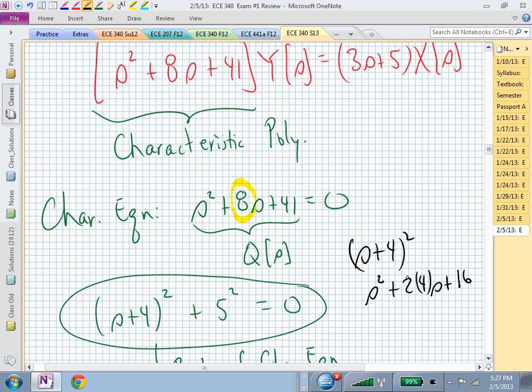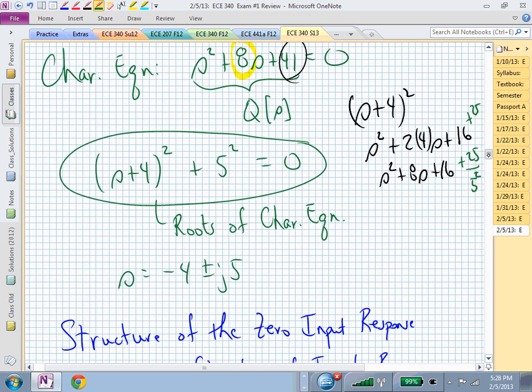And now this is giving me this s squared plus 8s plus 16, but I need something a little bit more to give me the 41, and that's where I added in the additional plus 25. And that is nice because it can be 5 squared. So that's where that's coming from. Is that what you were asking? But if you don't see that, you can plug that into the quadratic formula, and out should pop these two roots, minus 4 plus and minus j5.